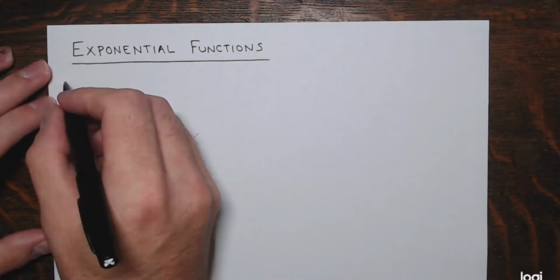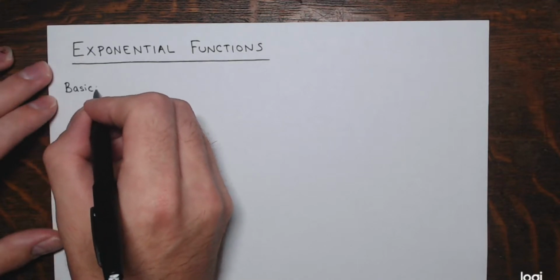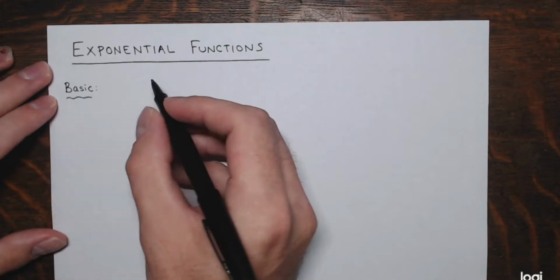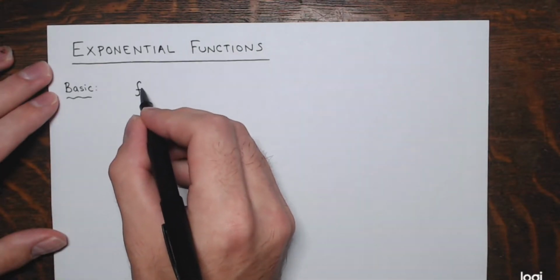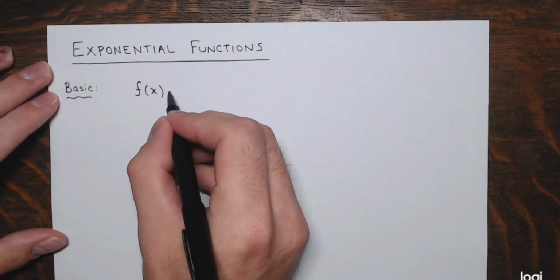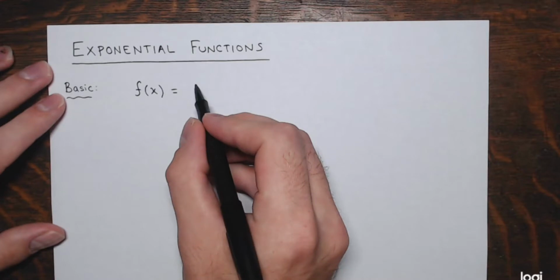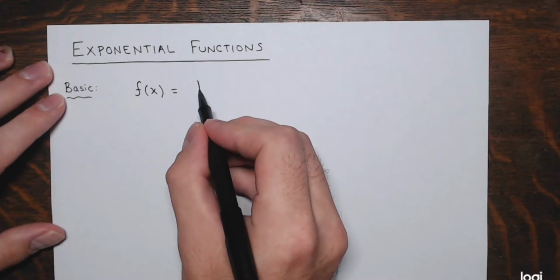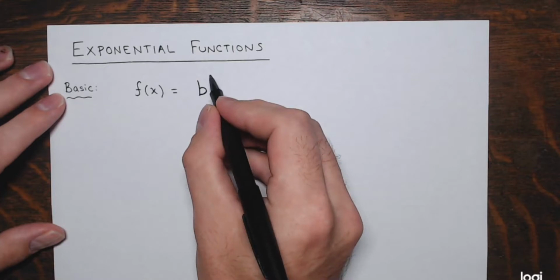So the most basic exponential functions look like this. y equals, or f of x, remember the function notation, equals some number, which I'll call b for base, to the x power.